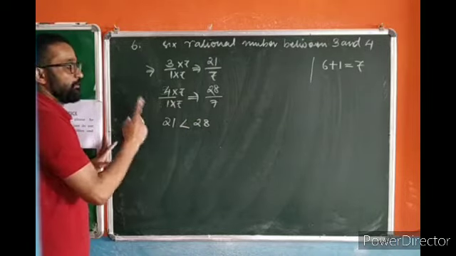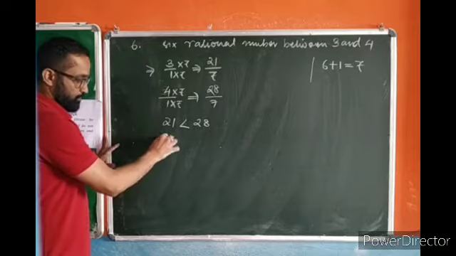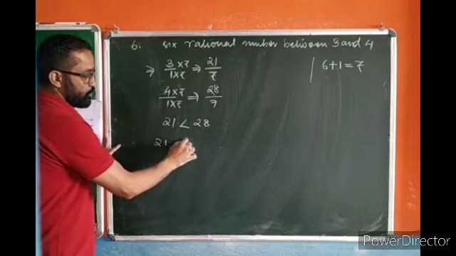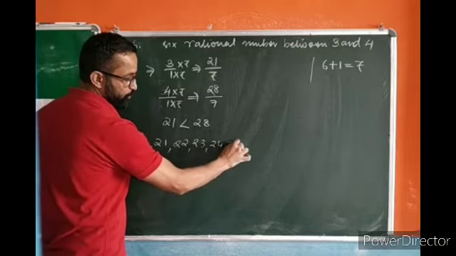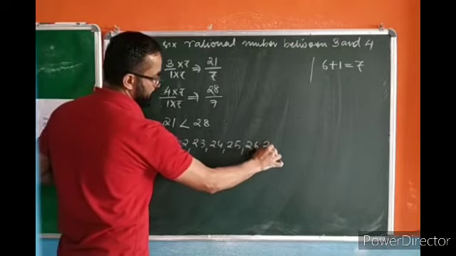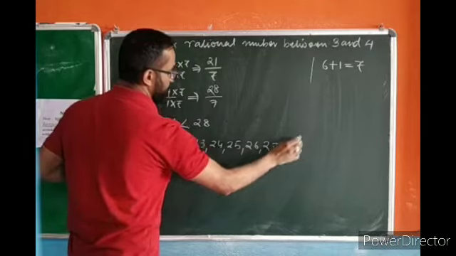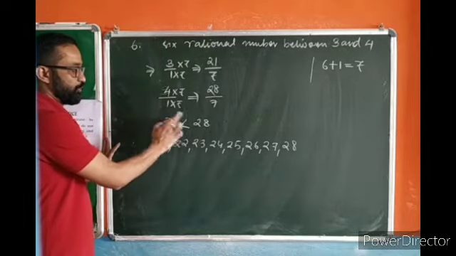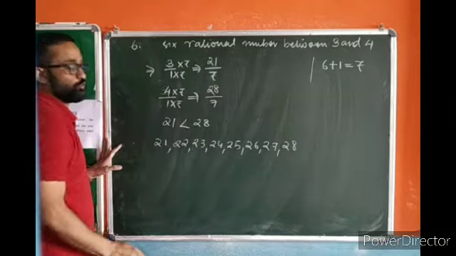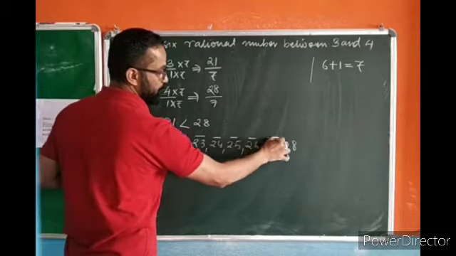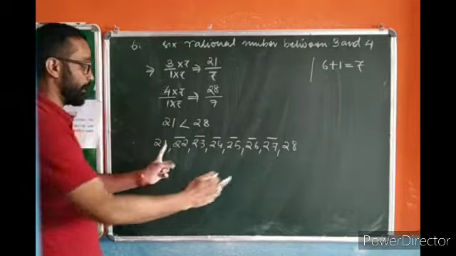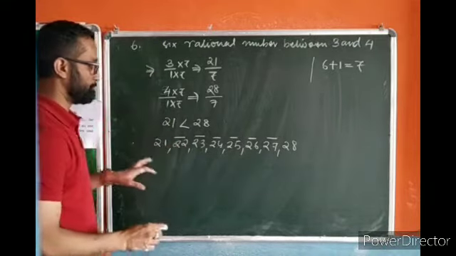Therefore, rational numbers 21, 22, 23, 24, 25, 26, 27, 28. Write the numbers in between 21 to 28. Look at this: first, second, third, fourth, fifth, sixth. We have inserted 6 numbers here.